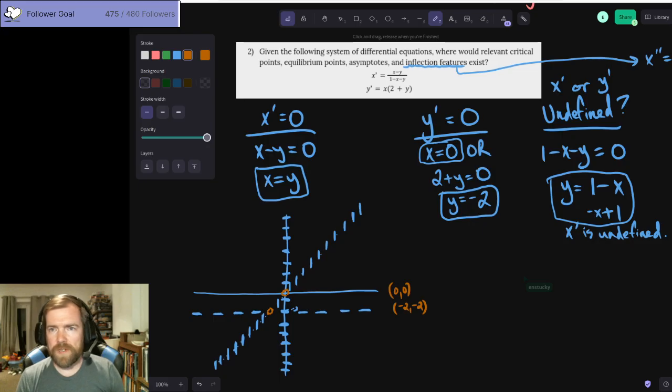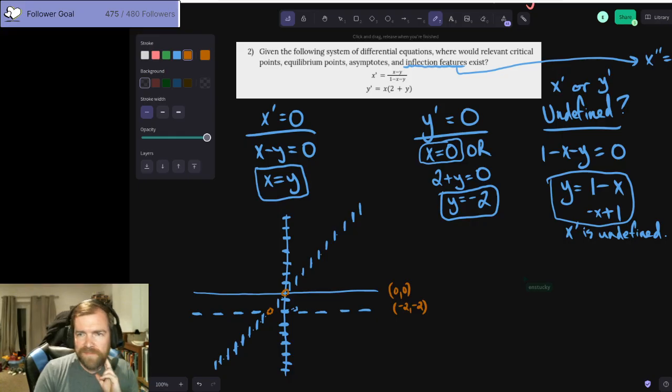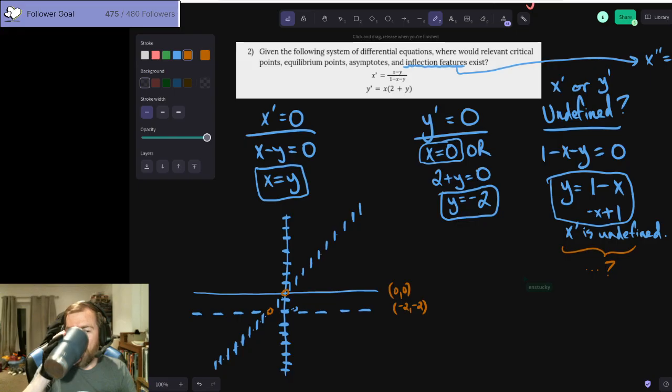This is where it gets interesting. We just don't really know. So if x prime, we could just have an existence issue, right?